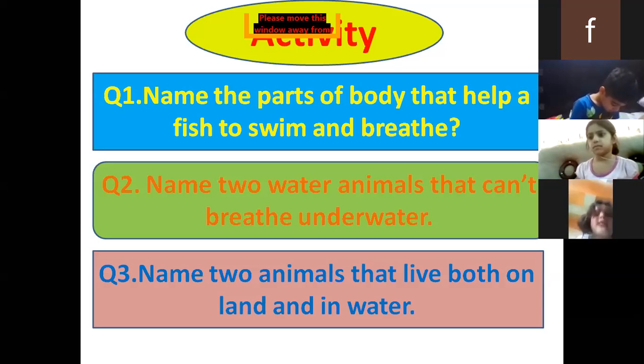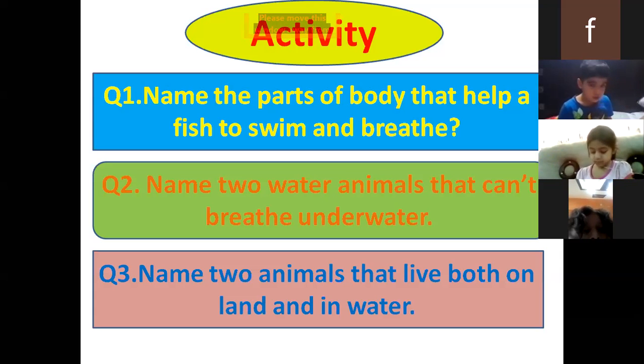Quickly, your time starts now. Only 3 minutes. Only write the question number and the answer. Okay? And you just have to write the names, okay? I don't want detailed answers. I only want the names. Okay, quickly.